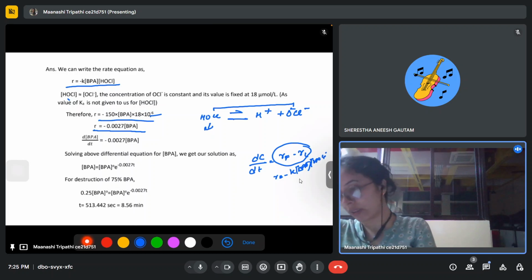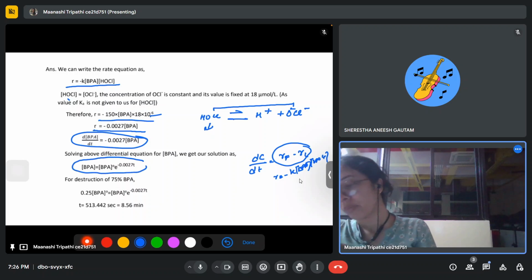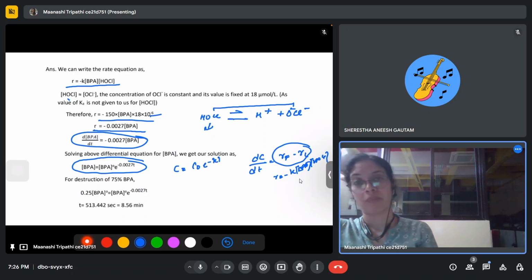This rate is only given, right? So this is a similar thing. We have written this equation. When we solve this equation, we come to the equation I told you about, C is equal to C naught e raised to power minus KT. So this is the same equation.